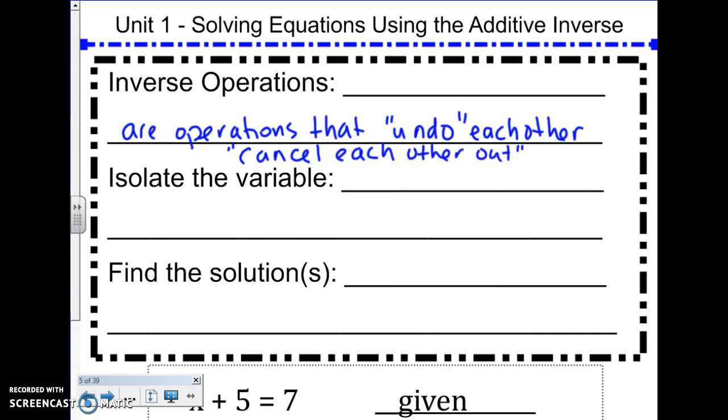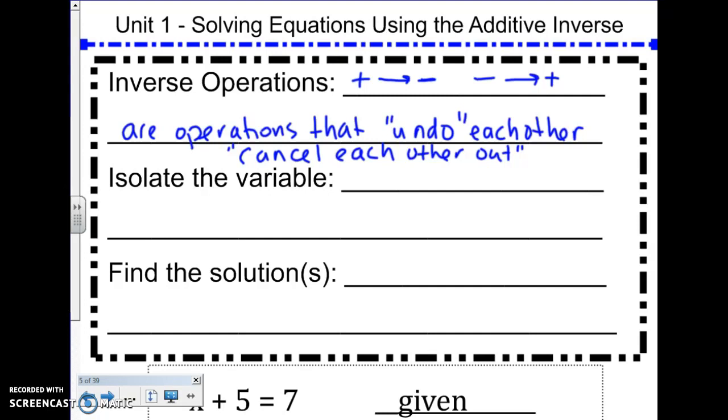And today we're just going to focus on using the additive inverse. So when we see something that is positive or is being added, the inverse operation would be a minus. And in the same way, if we saw something that was a minus, to cancel that out, we would need to use a plus. So just keep that in mind as we work through today's lesson.